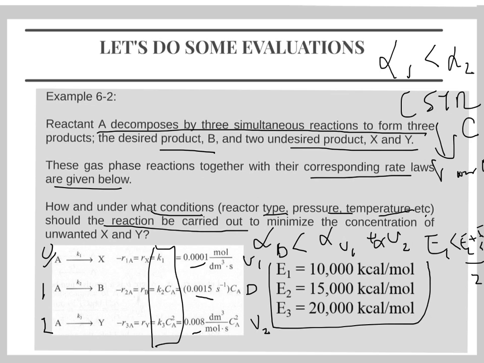Is it smaller or bigger? If you calculate properly from here, it doesn't show anything. It equals 0. The difference equals 0, which means that the temperature does not affect this particular reaction in order for you to maximize the selectivity.